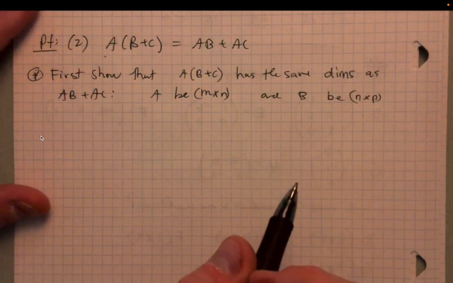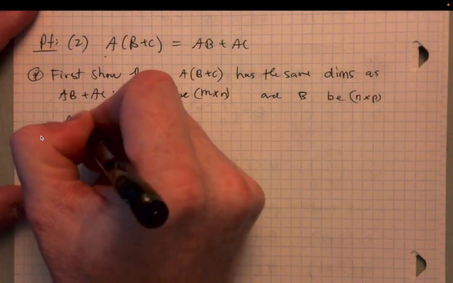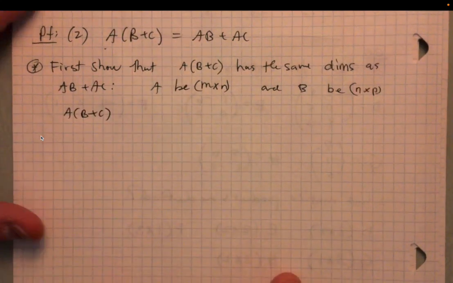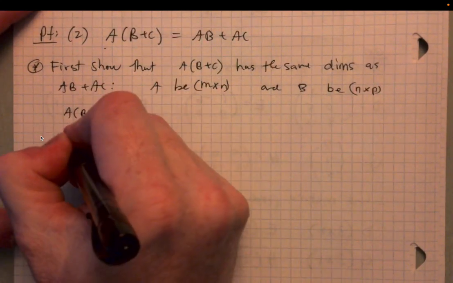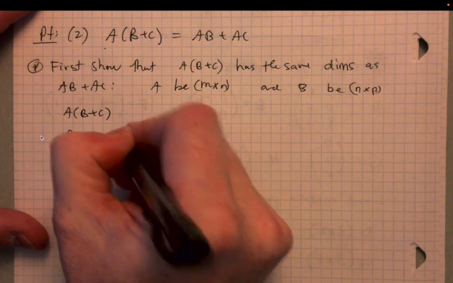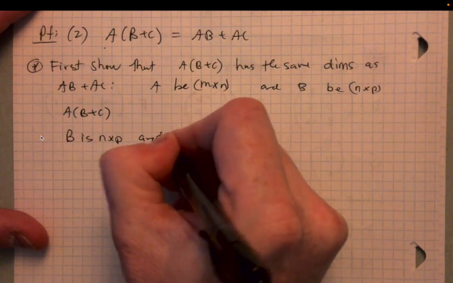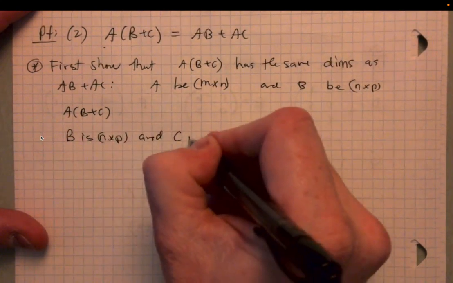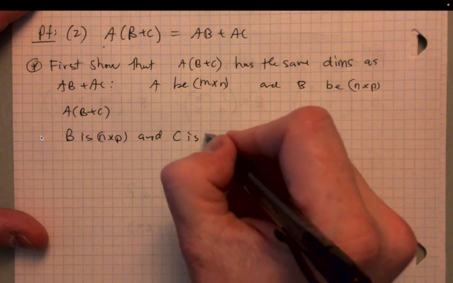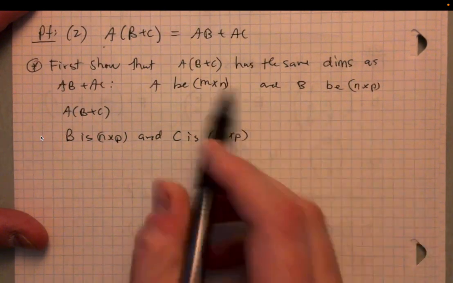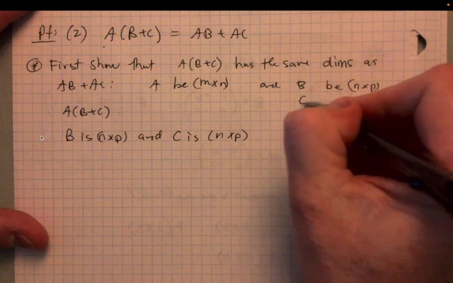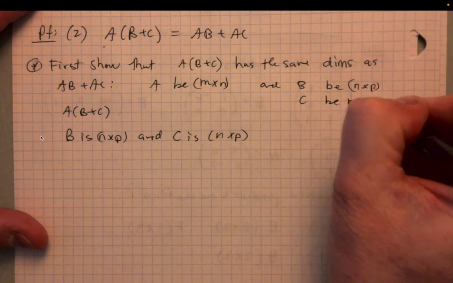We'll start with A times (B plus C). Sorry, I forgot to say that we want to let C be n by p as well.